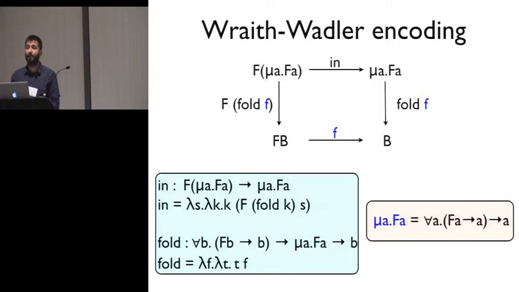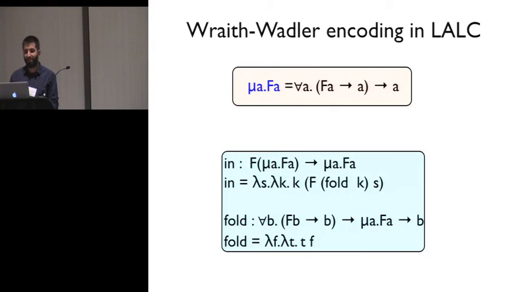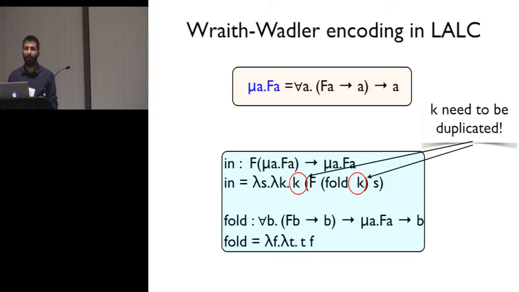The first one is that to build the homomorphism, this encoding uses the algebra towards which we want to build the homomorphism, in particular, this algebra morphism F. The second observation is that if we look at the term that defines this encoding, we have that the continuation is duplicated. Because algebras, initial algebras, represent some form of iteration. And so here we have an iteration.